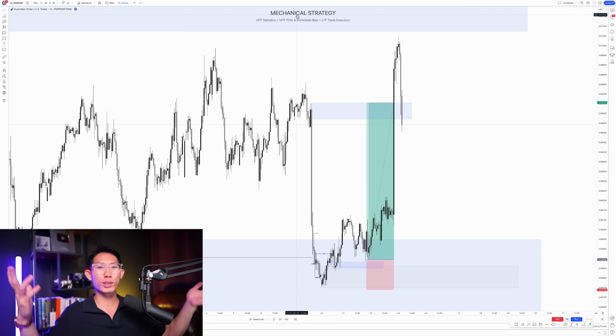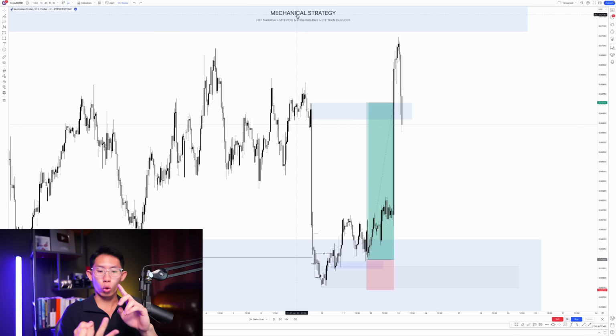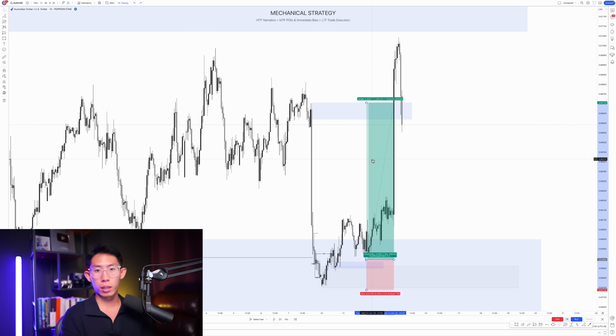We have mechanical rules for everything, from entry to exit to how you manage your trades, whether it's a set and forget method, a partial profits method, or a trailing stop loss method, so that we don't rely too much on our emotions or guesswork when we are trading, which is literally detrimental for your trading account if you are still doing that.